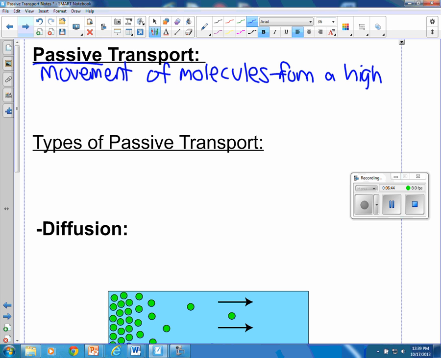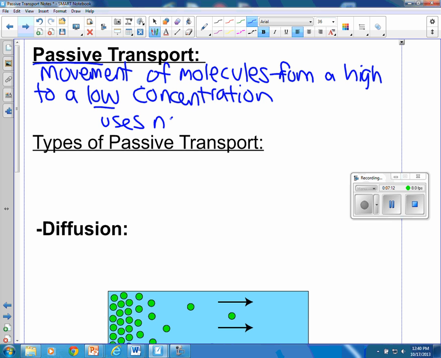When I sprayed the perfume, it started in a high concentration around me in the front. When I first sprayed it, there was no one in the back of the class, so the molecules moved there. So there's a low concentration of molecules back there. And this whole process uses no energy. I didn't have to push the molecules, they naturally spread that way.